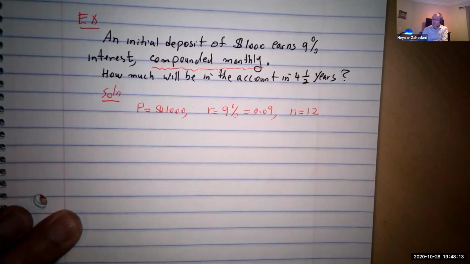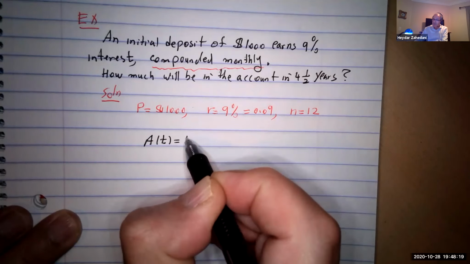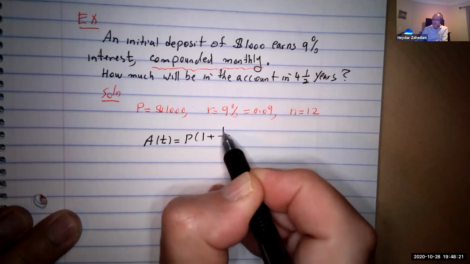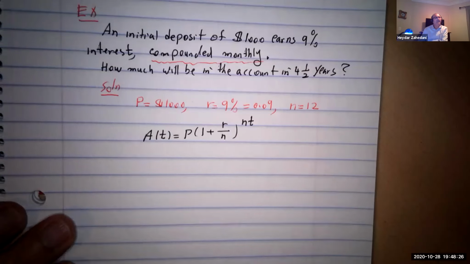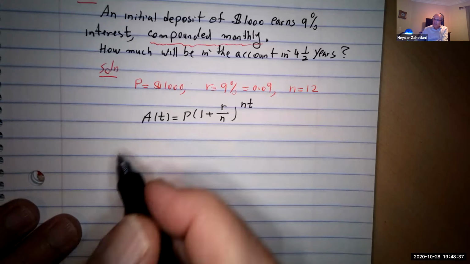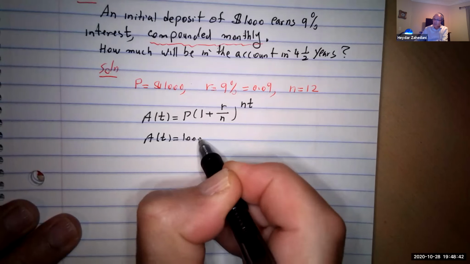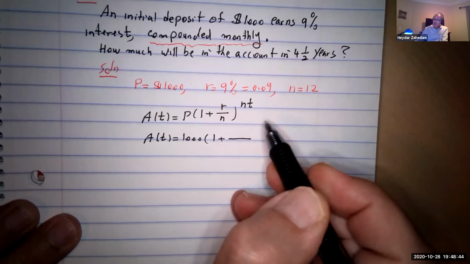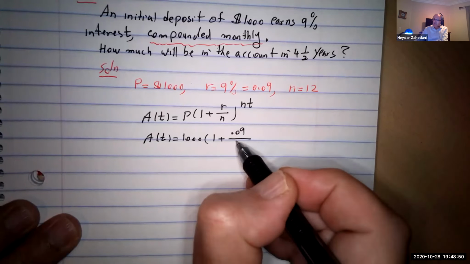So it's a finite number, so you have to use this formula: A of t equals P times 1 plus r over n, to the n times t. Make sure you use the correct formula. So substitute to get your model, then whatever number is given to you, you can operate. So the model for this problem is going to be 1000 times 1 plus the rate of 0.09 over the number of compounds, 12.